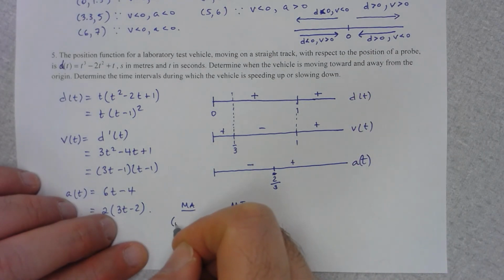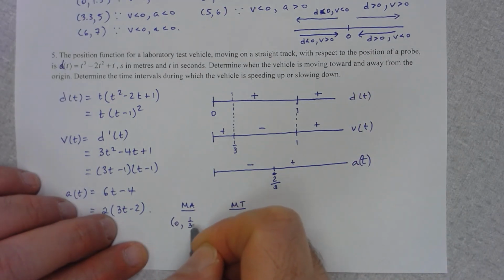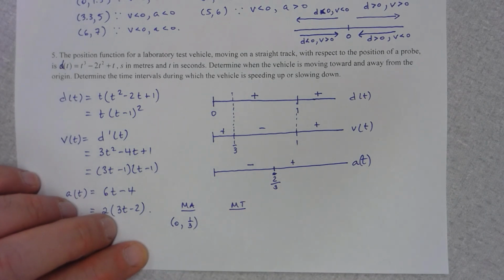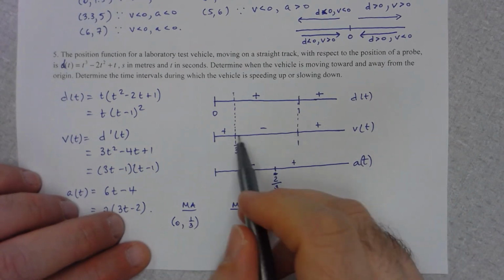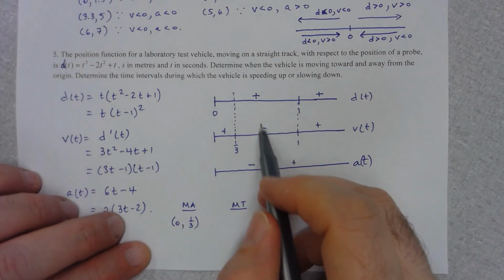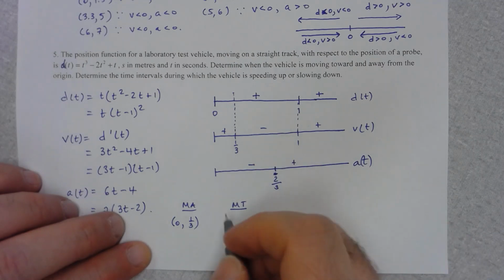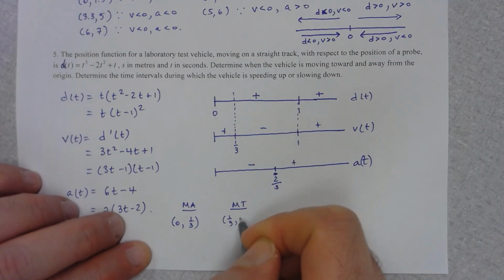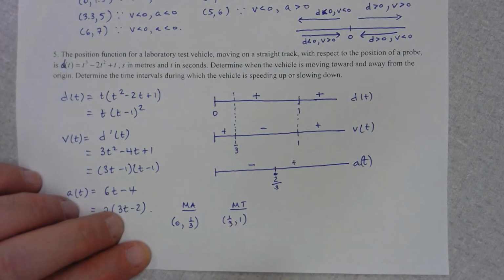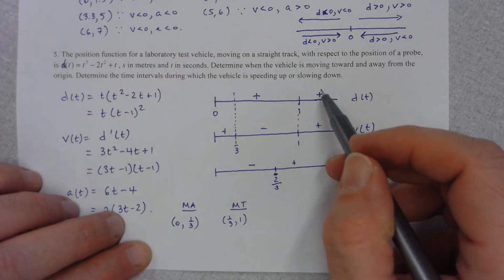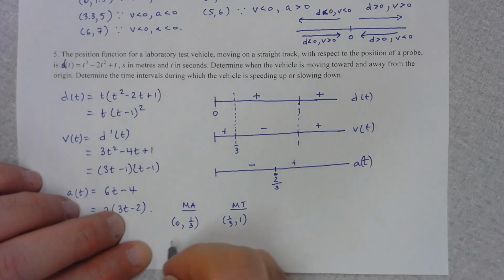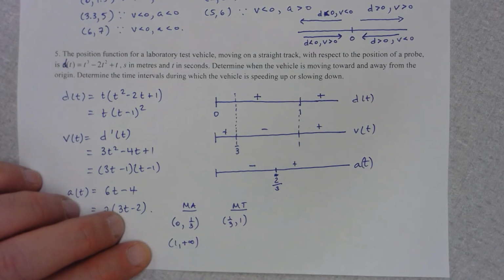So from 0 to 1/3, sorry about that, I'm moving away. Okay, but from 1/3 to 1, they have opposite signs. So I'm moving toward. So from 1/3 to 1, I'm moving toward the origin. And then greater than 1, I see that they have the same signs, so I'm moving away. So 1 to positive infinity, I'm moving away.